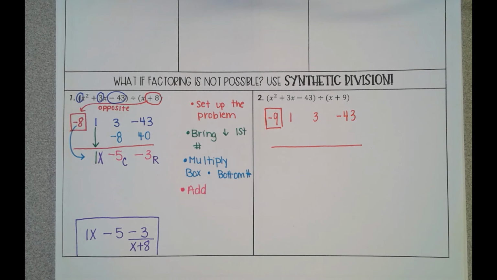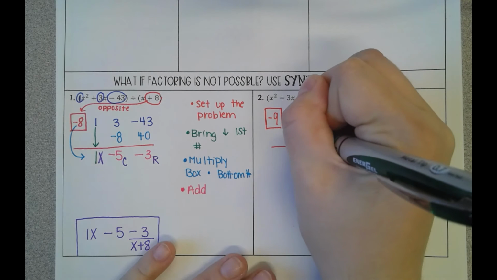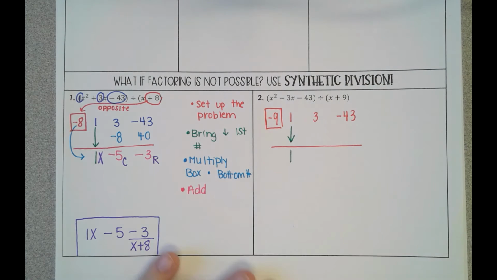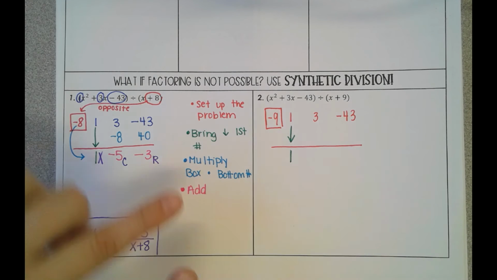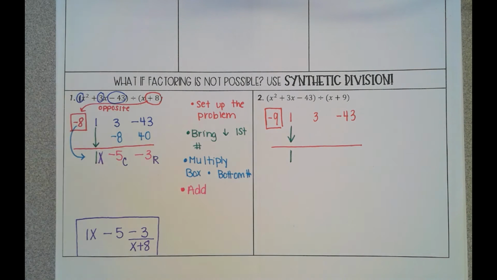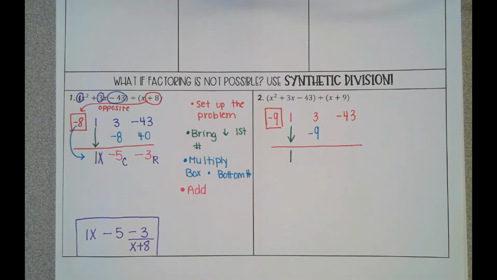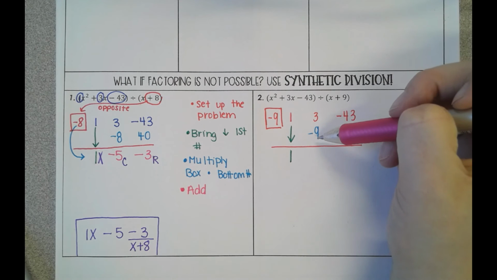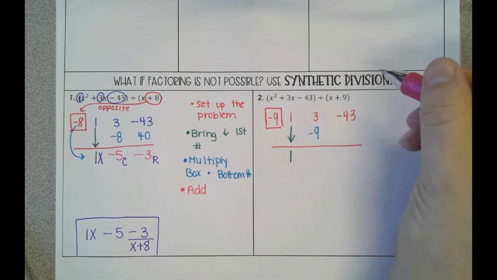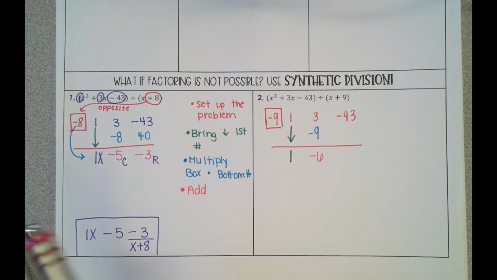Okay. So the next thing I do is I bring down the first number. 1. Then we multiply. Negative 9 times 1 is negative 9. And then we add. 3 plus negative 9 is negative 6.